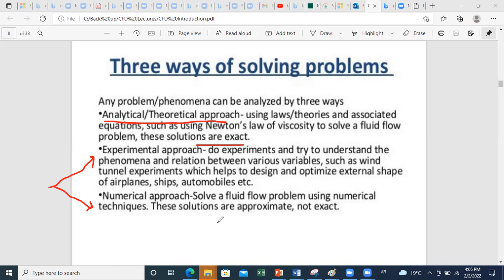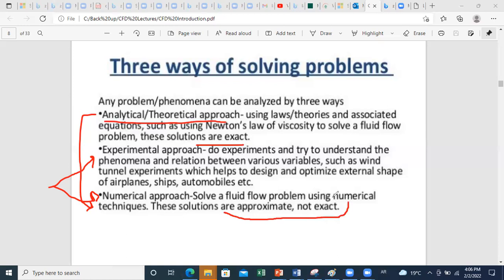In this course, we will learn the different methods that allow us to move from analytical equations to numerical equations. The advantage here is that we can save time and cost, but the solution obtained is approximate and not exact.